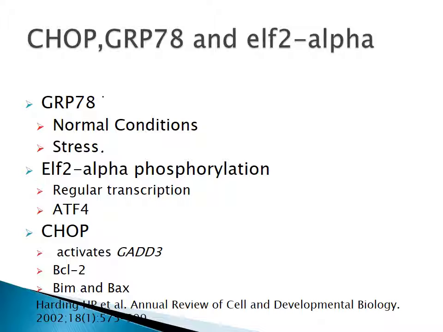One of those includes eIF2 alpha phosphorylation, and this inhibits regular translation and actually activates ATF4, which then activates CHOP. And CHOP actually activates GADD34, which is a growth arrest and DNA damage inducible gene.